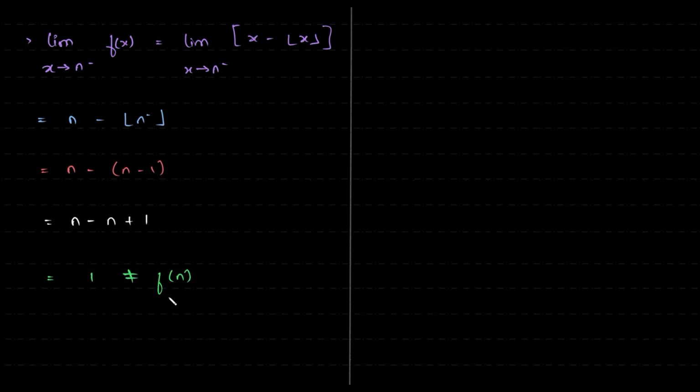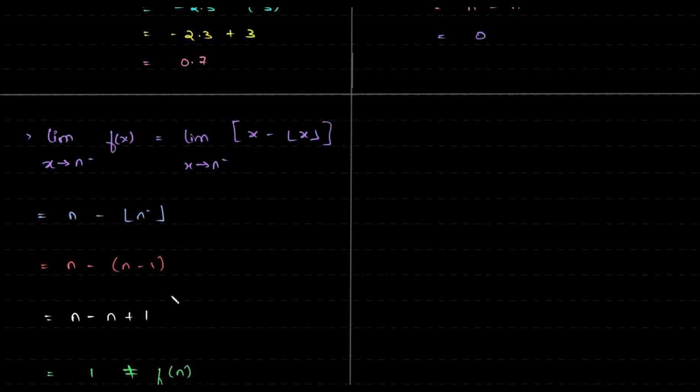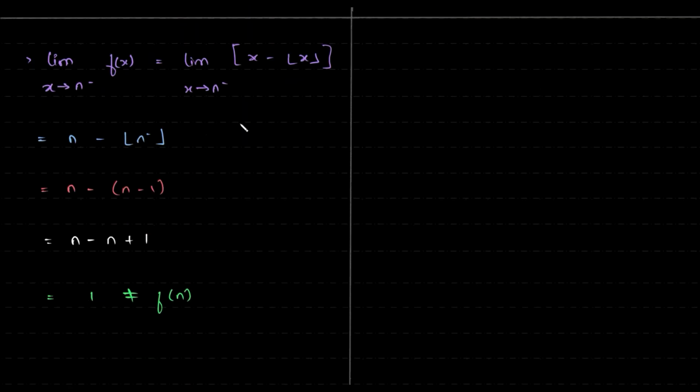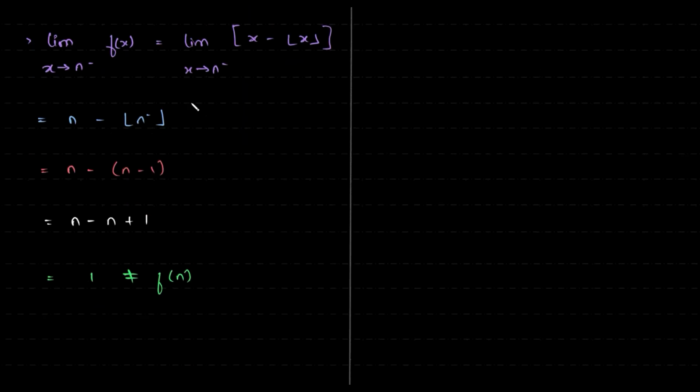Again, let me make it clear. If I have, say, 2, approaching 2 from the left hand side, approximately this is 2, and when I'm approaching from the left hand side, it is 1.9999. For the floor function, these values are important, because the left hand approach will give us a different answer than the right hand approach.